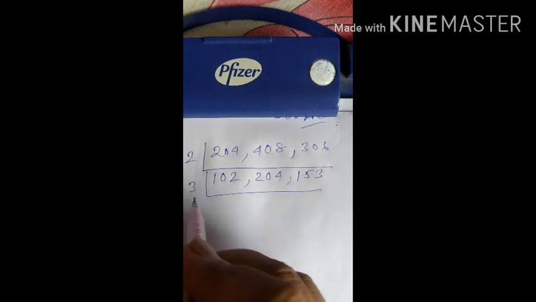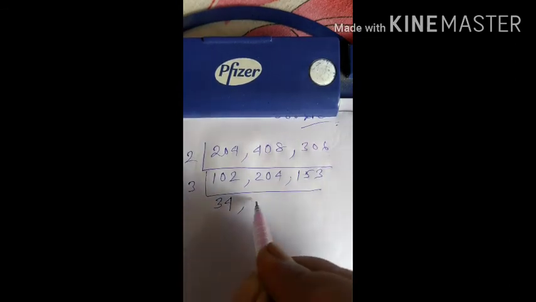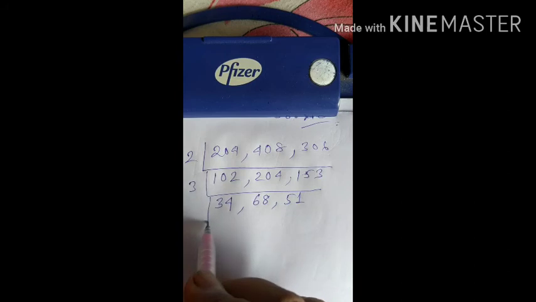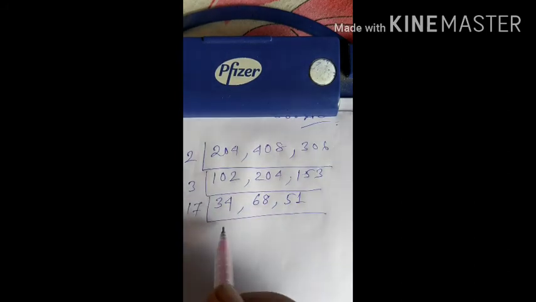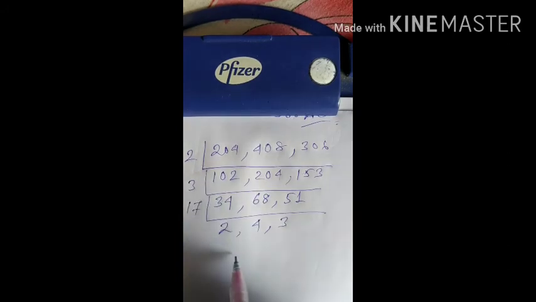Now 3 will be the common, 3 3s are 9, 3 4s are 12, 3 6s are 18, 3 5s are 15, 3 1s are 3. Now we see that 17 will be the common, 17 2s are 34, 4 17s are 68, 3s.